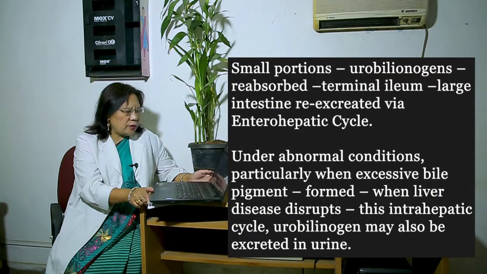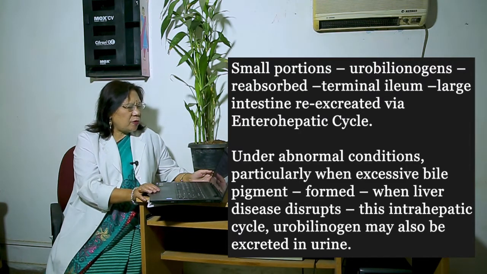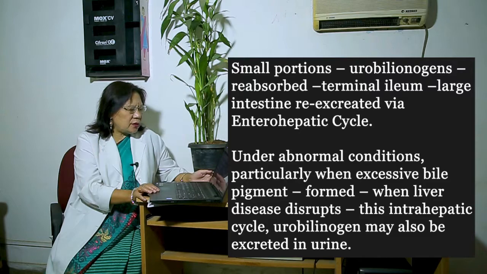A small portion of urobilinogens is reabsorbed in the terminal ileum and large intestine and re-excreted via the enterohepatic cycle. Under abnormal conditions, particularly when excessive bile pigment is formed or when liver disease disrupts this enterohepatic cycle, urobilinogen may also be excreted in the urine.